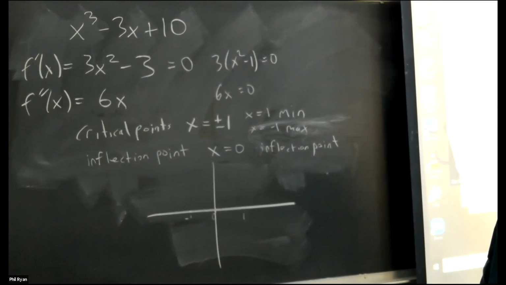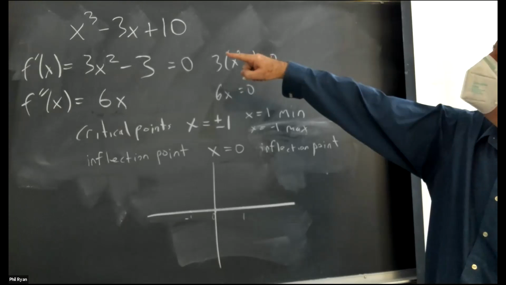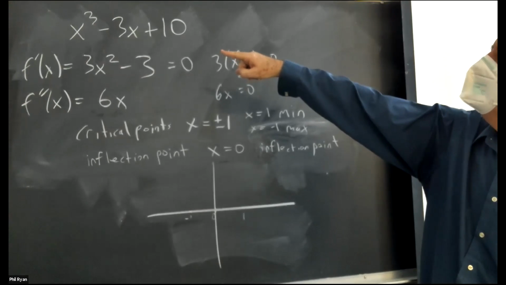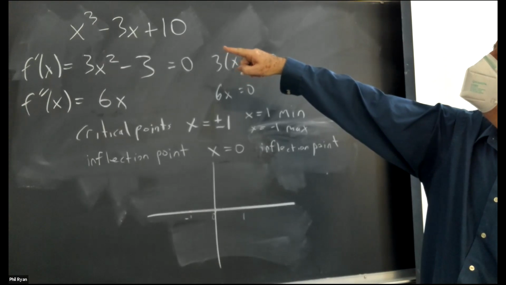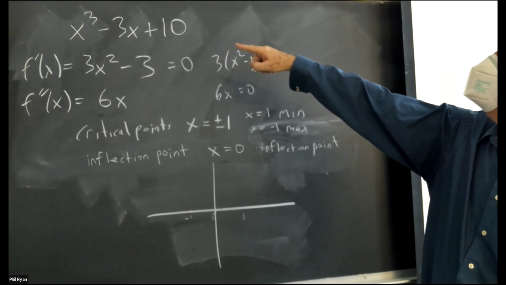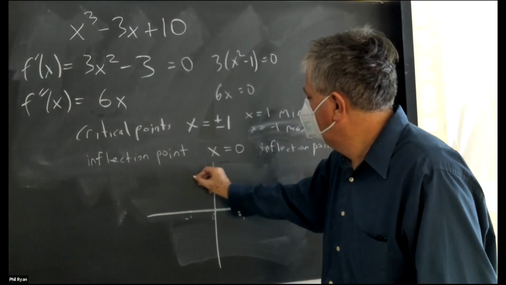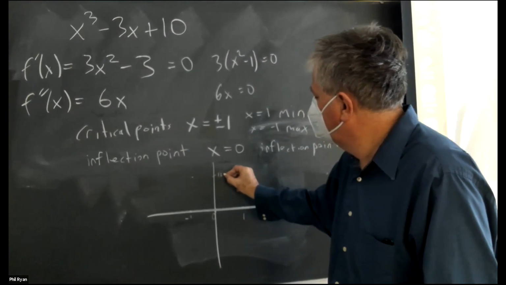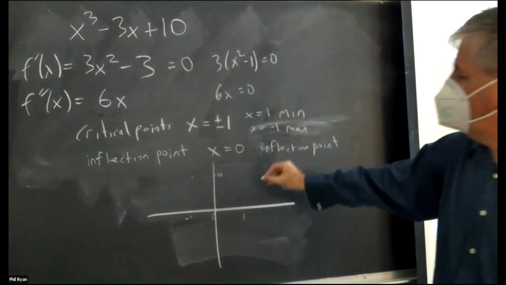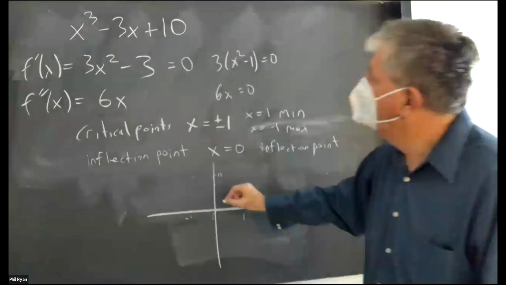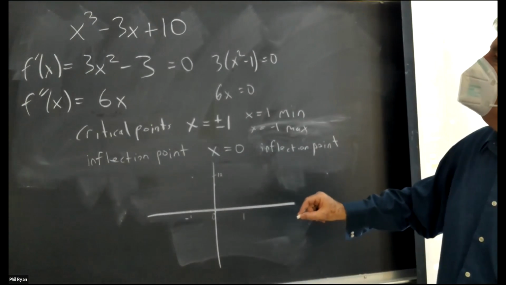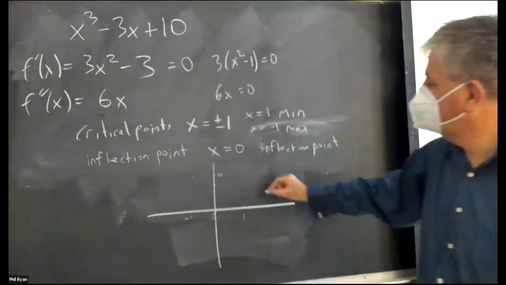At minus 1, it's minus 1 plus 3, which is 12. At 0, it's 10. And at 1, it's 8.